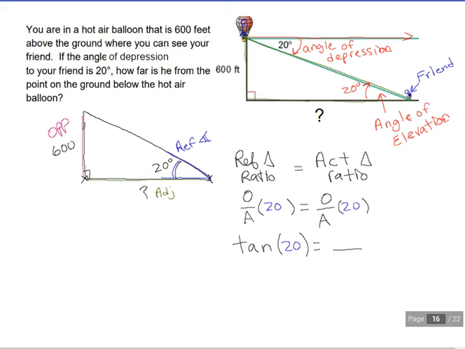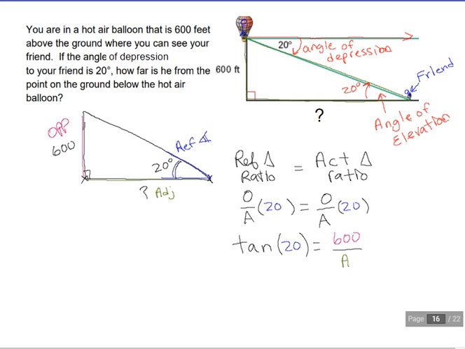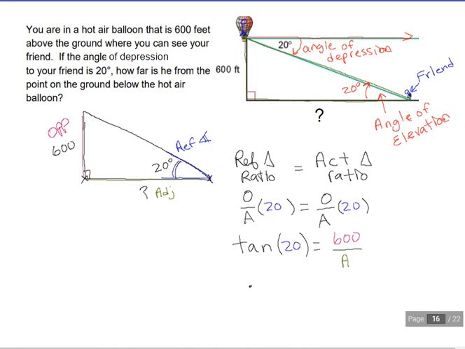And the adjacent side is unknown, but I want to find it, so I'm just going to leave it as an A for adjacent. All right, so this is not an inverse problem. I need to find the side length. I actually already have the angle. And so I'm going to convert that tangent of 20 into a decimal, because that's what I need to solve the problem. So that's going to be 0.3640 if I round properly.